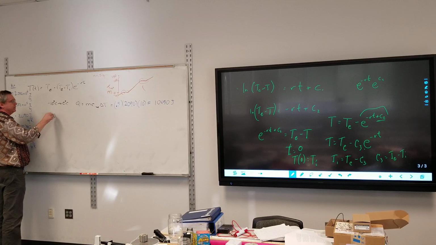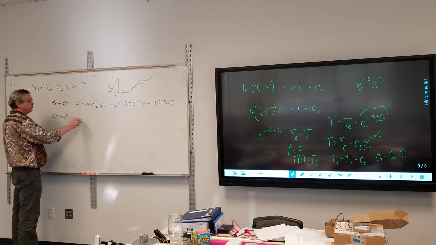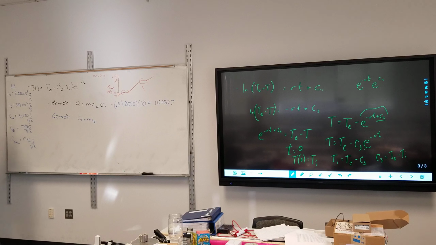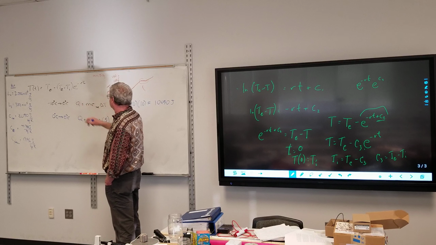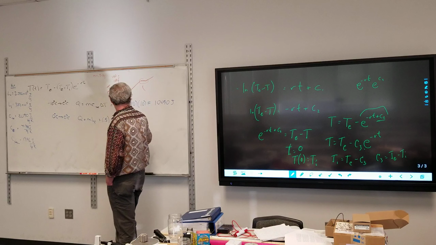Now I melt it. I go from 0 degrees Celsius to 0 degrees Celsius. This is just melting. So Q is equal to M L_f. 0.5 times 3.33 times 10 to the 5th joules per kilogram.